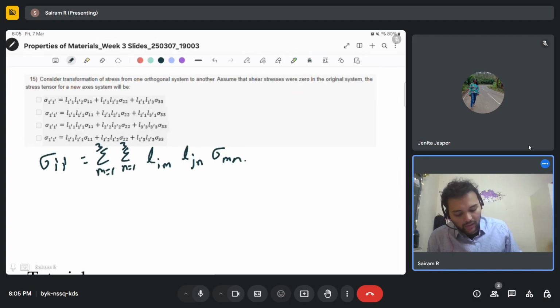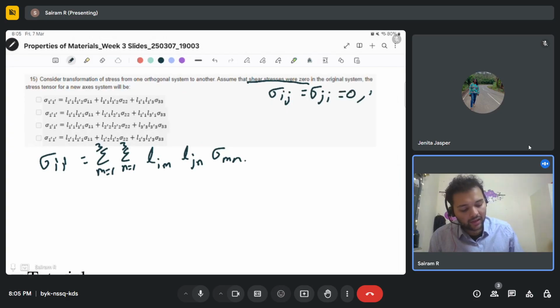Here it has been very well mentioned that all the shear stress components are zero. So sigma ij equals sigma ji equals 0 for i not equal to j. This we can rewrite as sigma mn equals sigma nm equals 0 for m not equal to n.